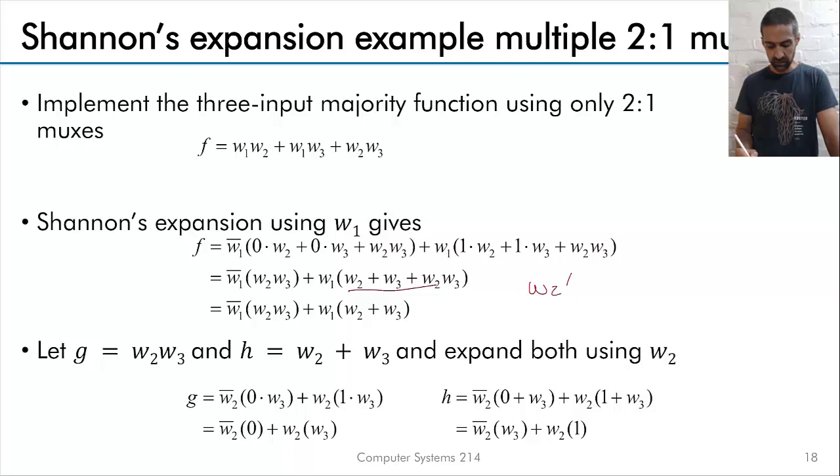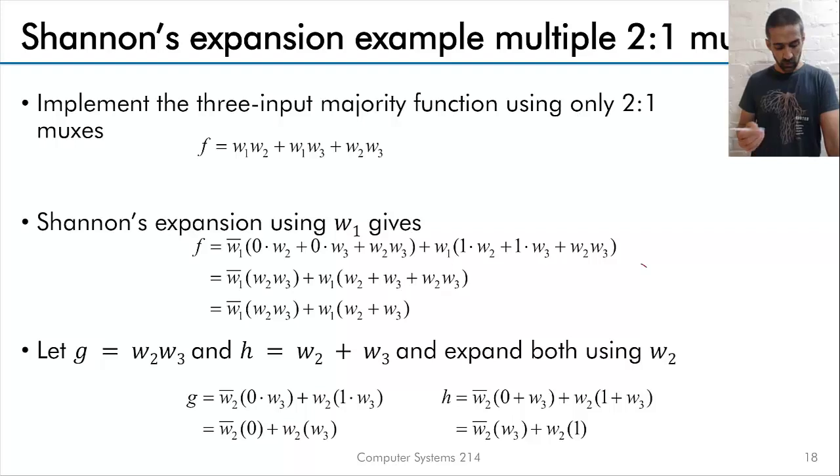If you just take out W2 there, it's 1 plus W3 plus W3, which means this turns into a 1, so all you're left with is W2 plus W3. Okay, so now the question is what now? We've reached this point. Now if you had logic gates, you could easily just use this 2-to-1 multiplexer and then use an AND gate and an OR gate. But we do not. We've told you to only use multiplexers.